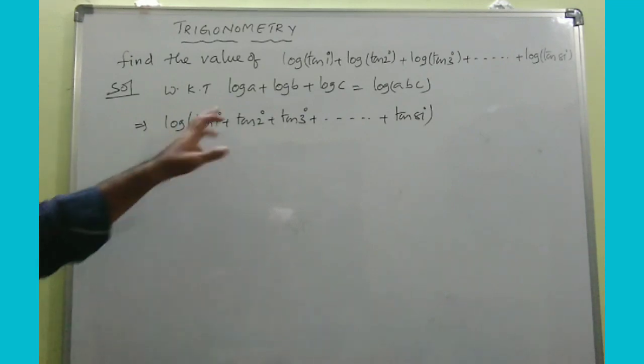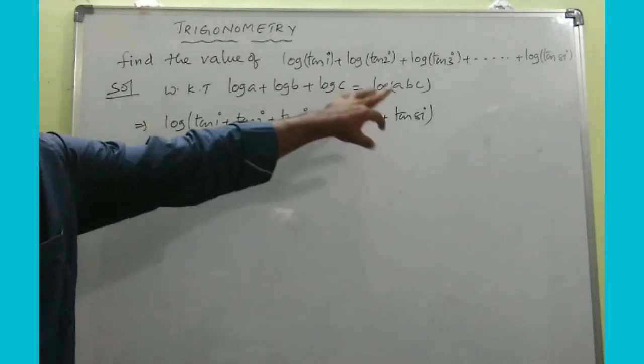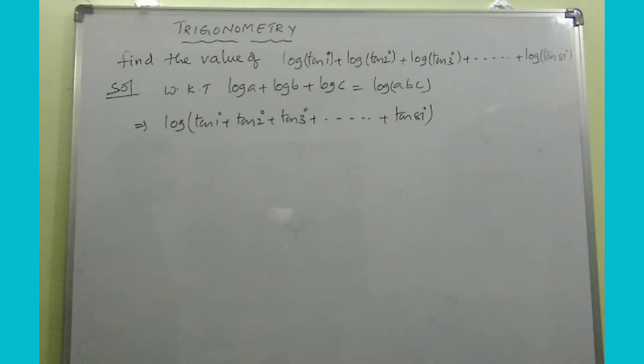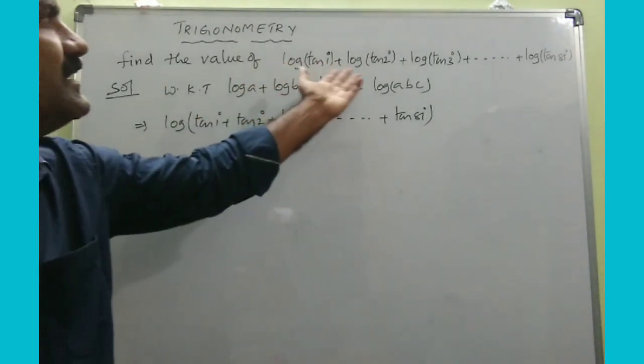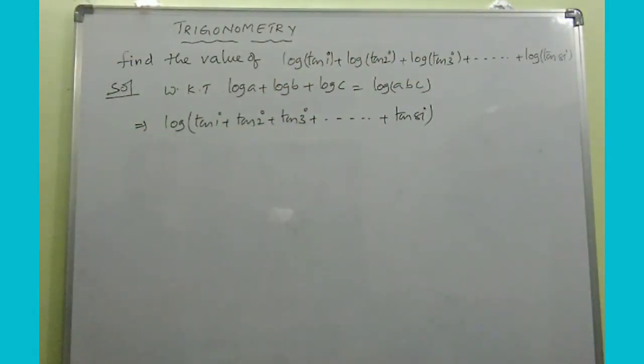Okay. Then see, log a plus log b plus log c can be written as log of a into b into c when bases are the same. Of course here the bases are the same, nothing is mentioned, nothing but base 10, everything is base 10.